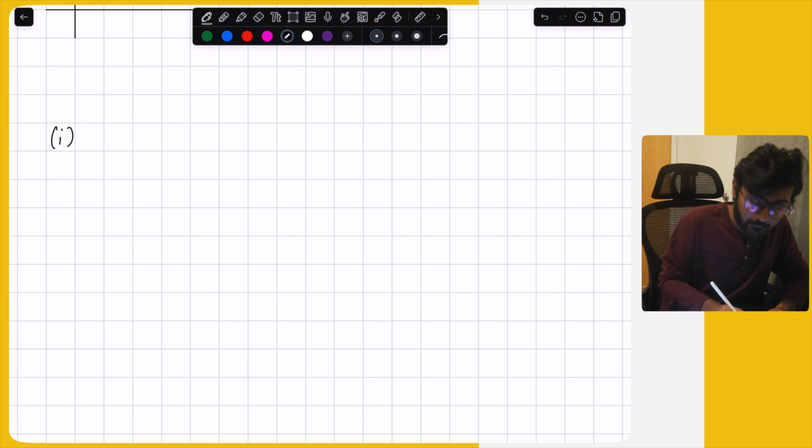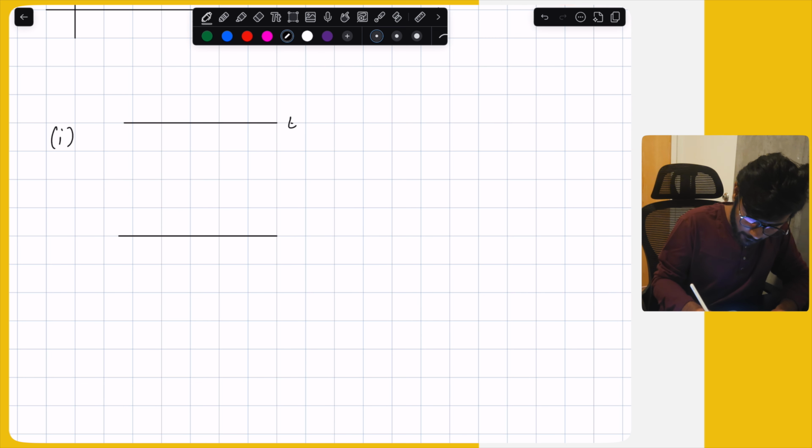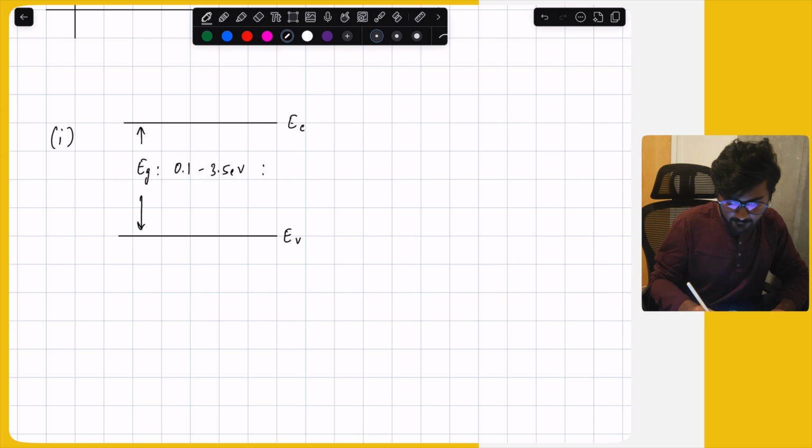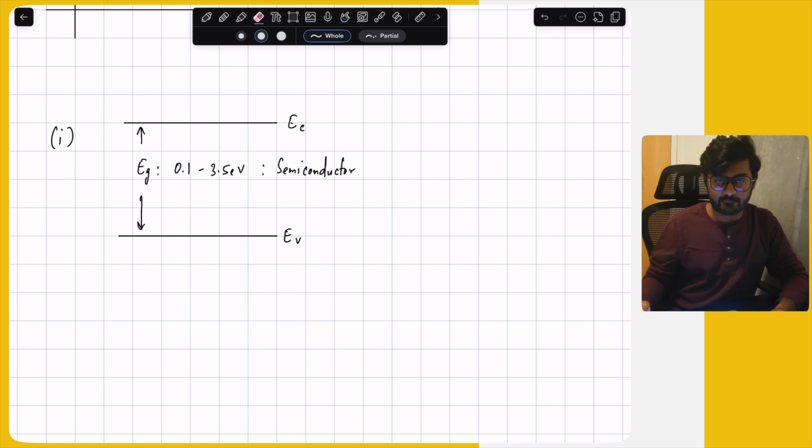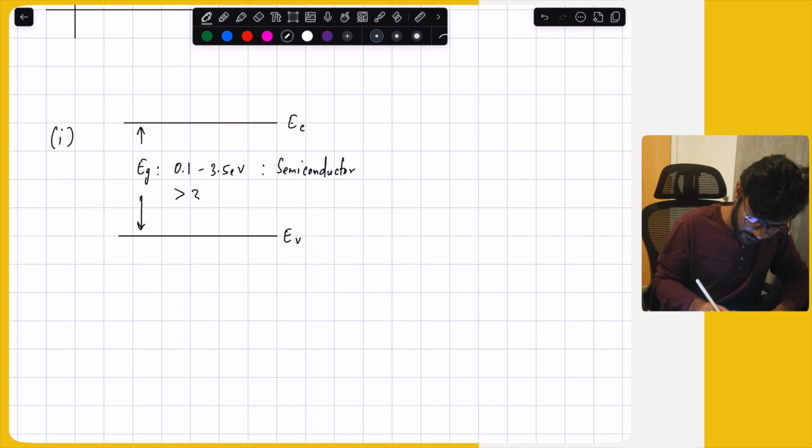Based on the band gap of the material, we can find what type of material it is. Suppose your band gap lies between 0.1 to 3.5 electron volts, then this device is a semiconductor. If the band gap is greater than 3.5 electron volts, it is classified as an insulator.